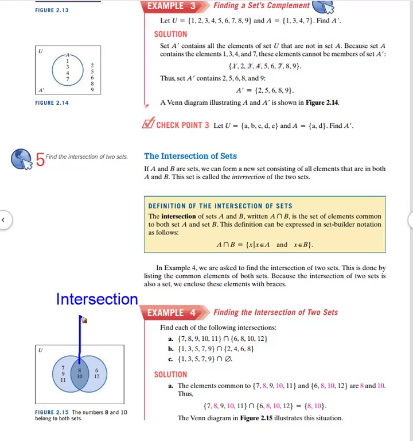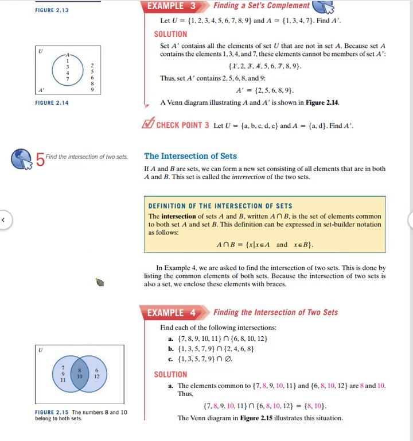It looks like an upside down U. So this means the intersection of sets A and B. Look at the definition. It says the intersection of sets A and B is every x such that x is an element of A, and at the same time it's an element in B. Just another way of saying everything that's in both A and B at the same time.